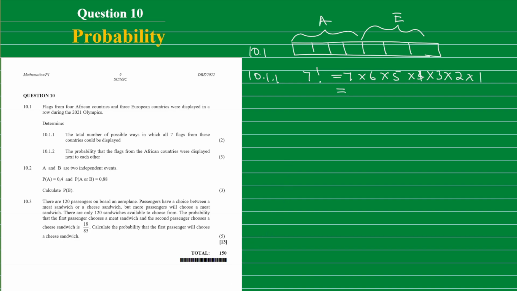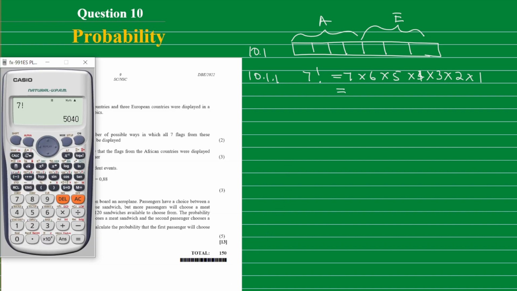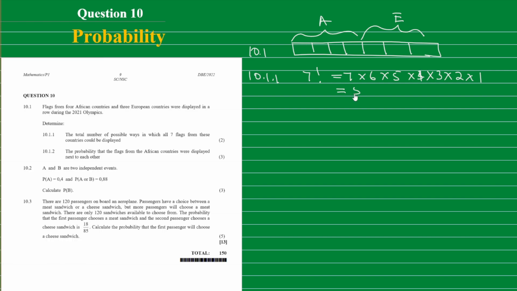And then we enter that in the calculator, which gives 5,040 different ways. You don't have to write this expansion here. All you have to write is there are 7 factorial different ways, which is 5,040 ways of arranging the flags.